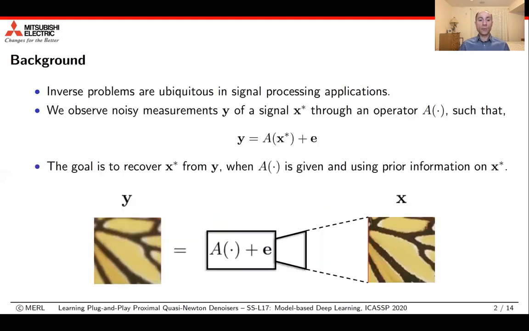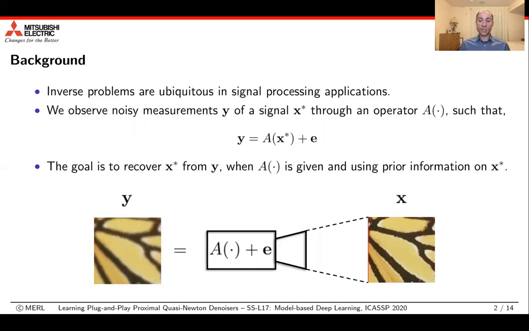room. Now, to formalize the problem, we consider the task of observing measurements y of some signal x star through the forward or measurement operator A, so that y is equal to A of x star plus e.